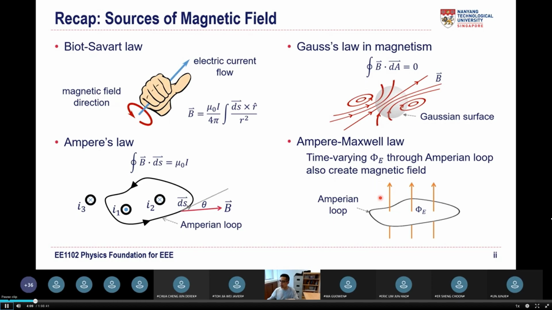The second part is how this magnetic field is created in the first place. One way to create a magnetic field is when you have an electric current flowing, then that will create a magnetic field around it. It will curl around the flow of the electric current, and you can use your right hand grip rule to figure out in which direction.